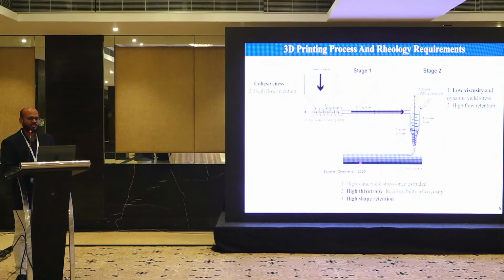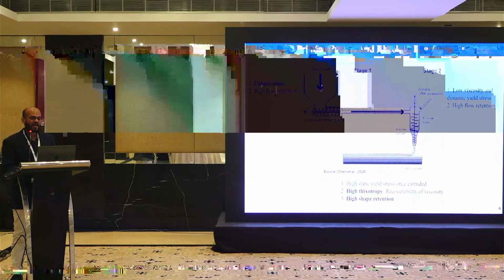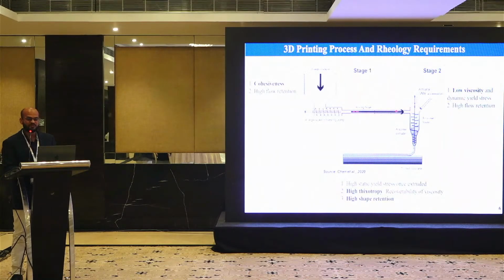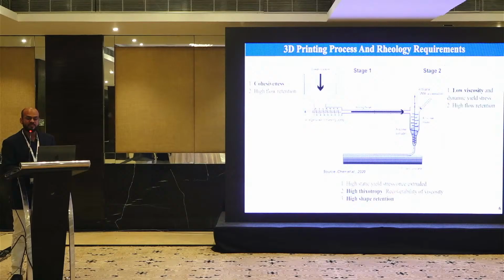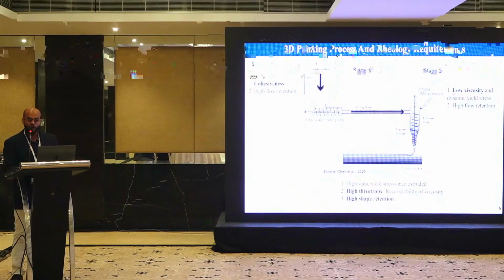To understand the 3D printing aspects: the initial material in the mixer should be cohesive in nature and should have high flow retention so that it can be pumped. Further, when the material is extruded through the 3D printer nozzle, it should have low viscosity.